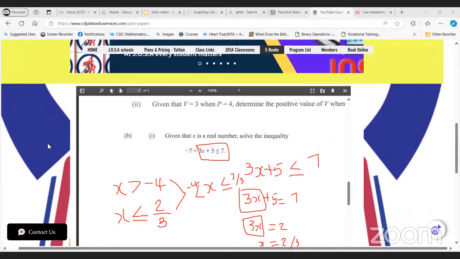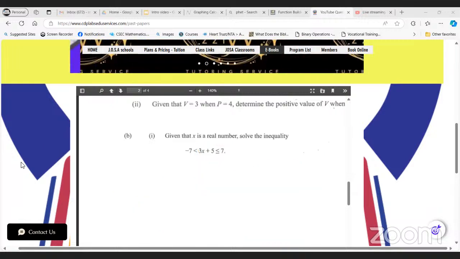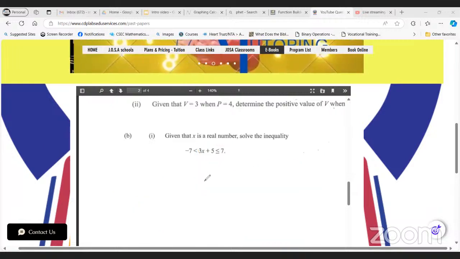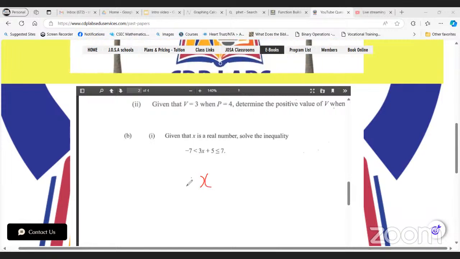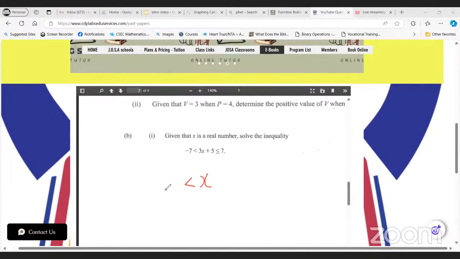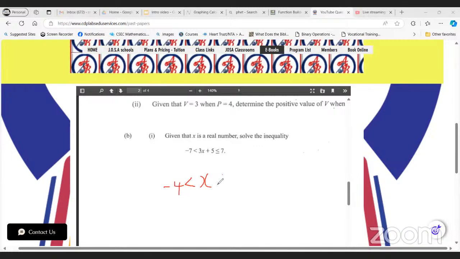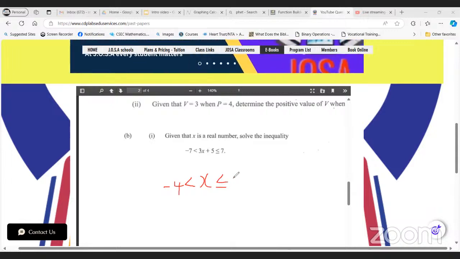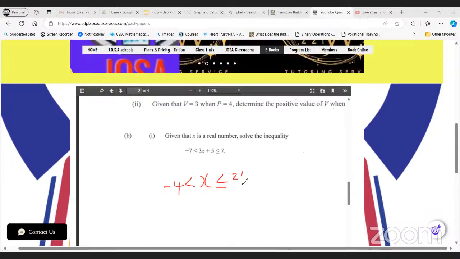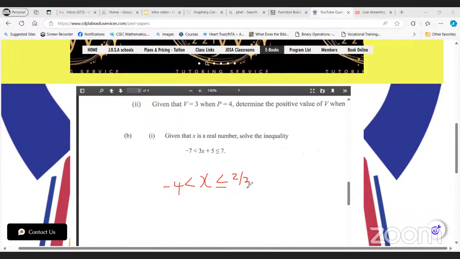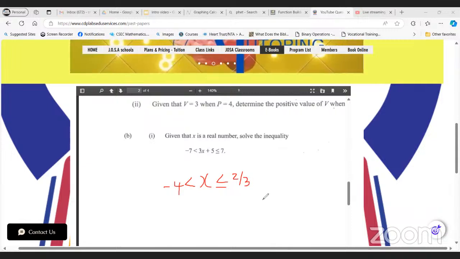So let's write it properly. So therefore, all it should be written is that x in the middle is greater than -4, but less than or equal to 2/3. That is the answer for that part.